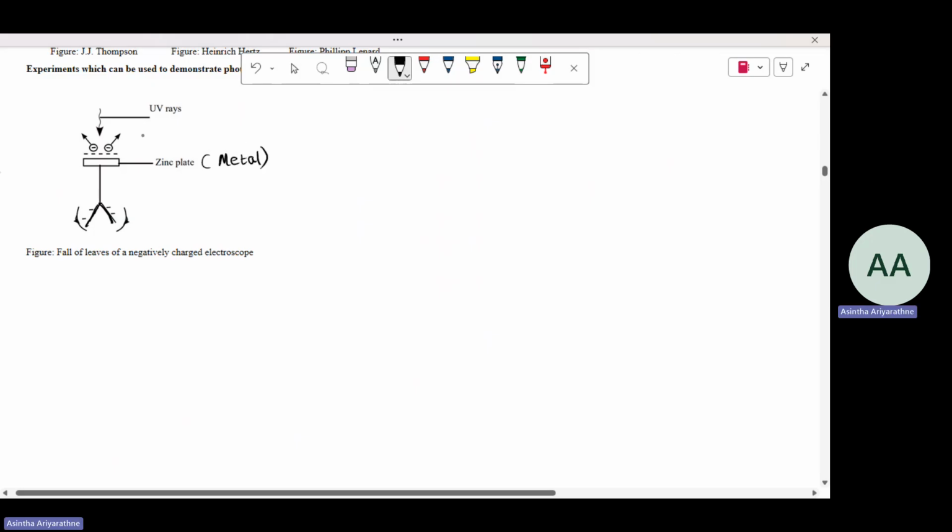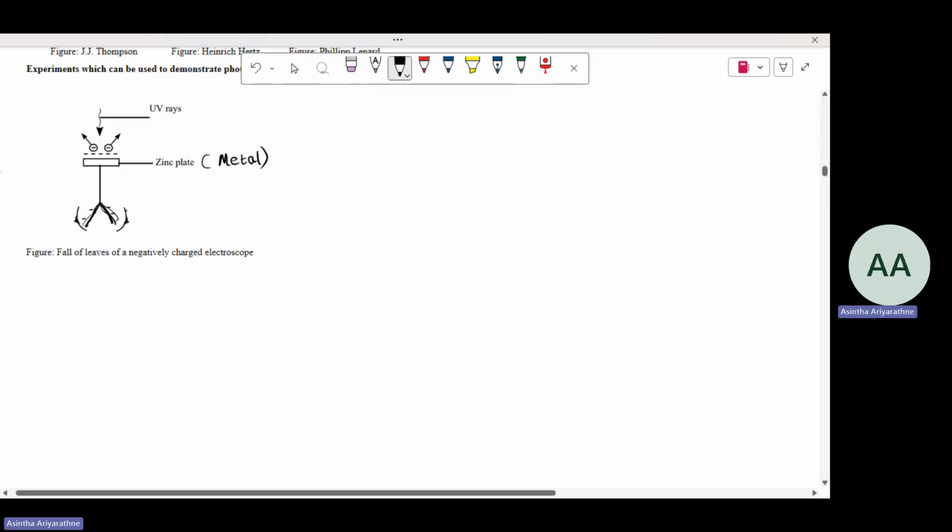Initially, UV rays are not yet directed to the zinc plate.